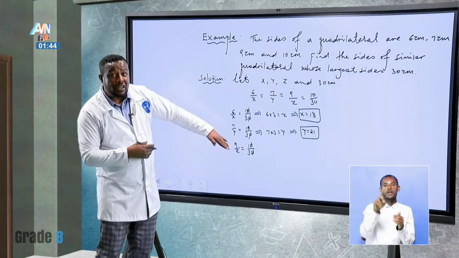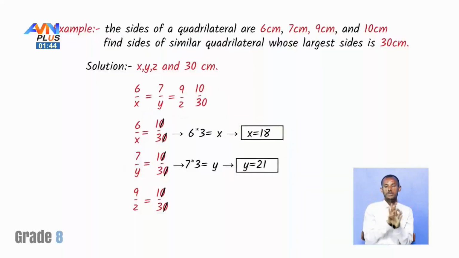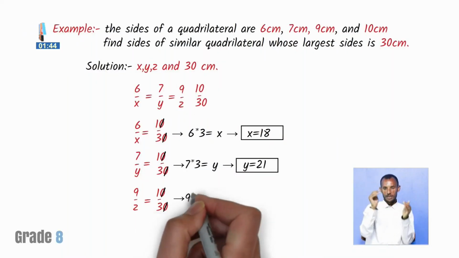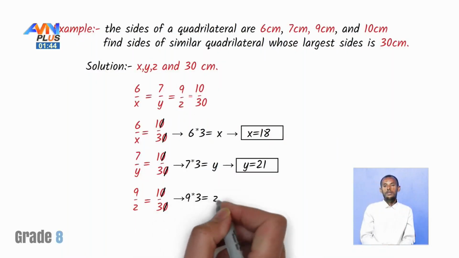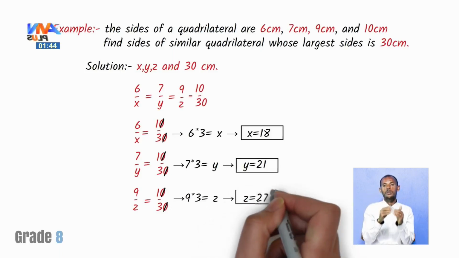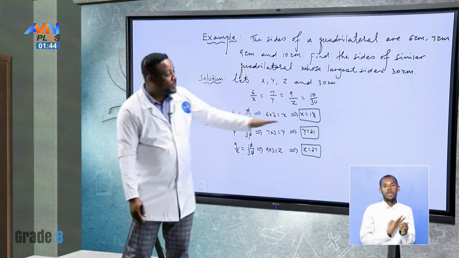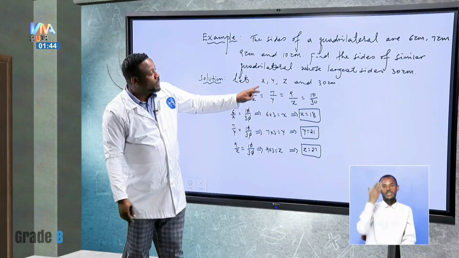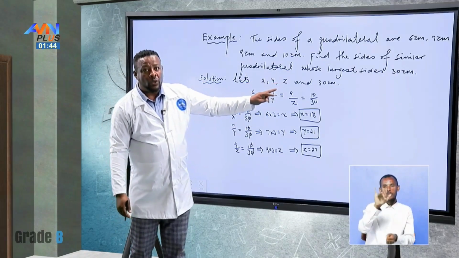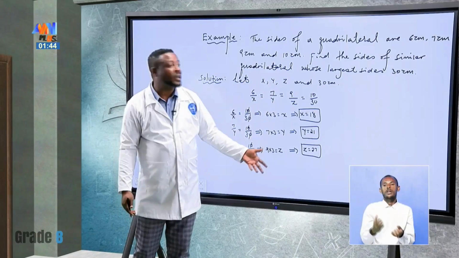And from the third equation, you can use crisscross. Then 9 times 3 is equal to Z times 1, which is Z. So the third unknown variable becomes 27. Okay, so we obtained the unknown variables X, Y, Z, which are the unknown sides of the quadrilateral.